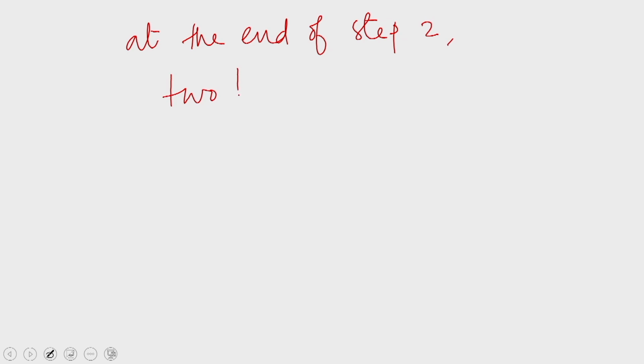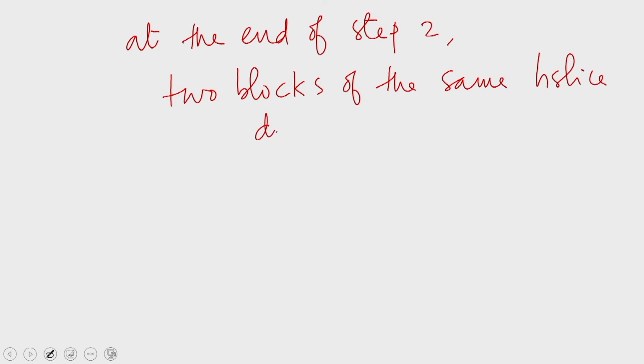Therefore, our argument now is that at the end of step 2, two blocks of the same horizontal slice differed by at most n power 1 by 8 in the number of ones.